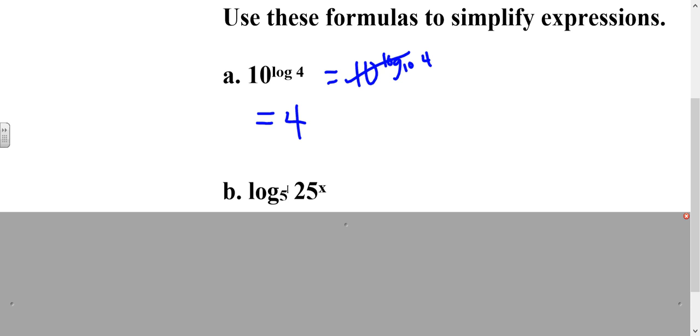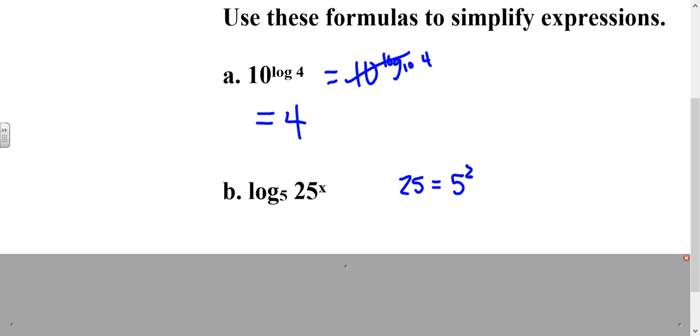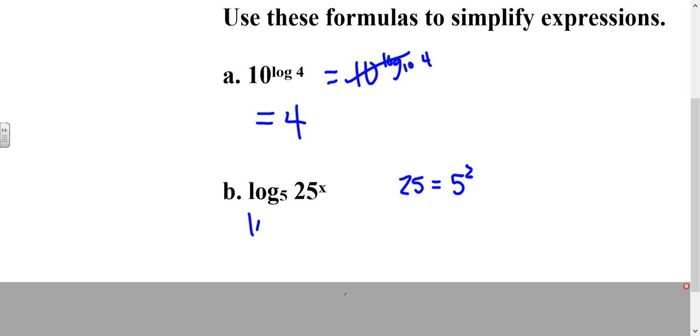So what I have to do is change my number so that it's a power of 5. I want to use 5 as the base. So 25 is equal to 5 to the second power. So what I'm going to do is rewrite this as log base 5 of 5 to the second power, and then I have to leave that x there because I can't just get rid of it.